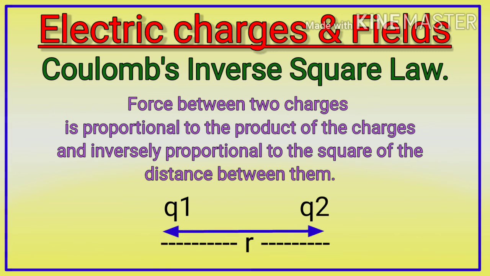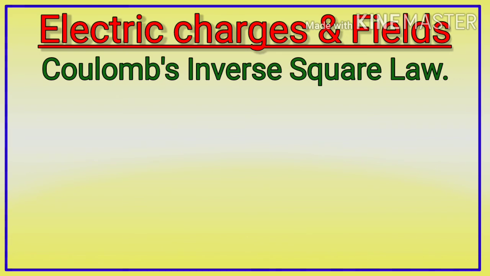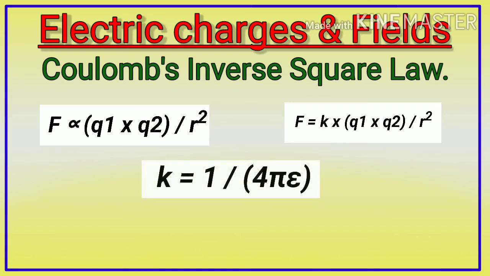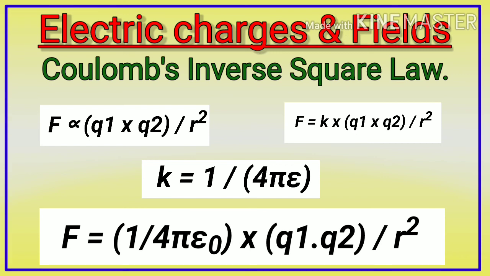According to the law, F is proportional to Q1Q2, and F is proportional to 1/r². So F is proportional to Q1Q2/r². So F = 1/(4πε₀) × Q1Q2/r².